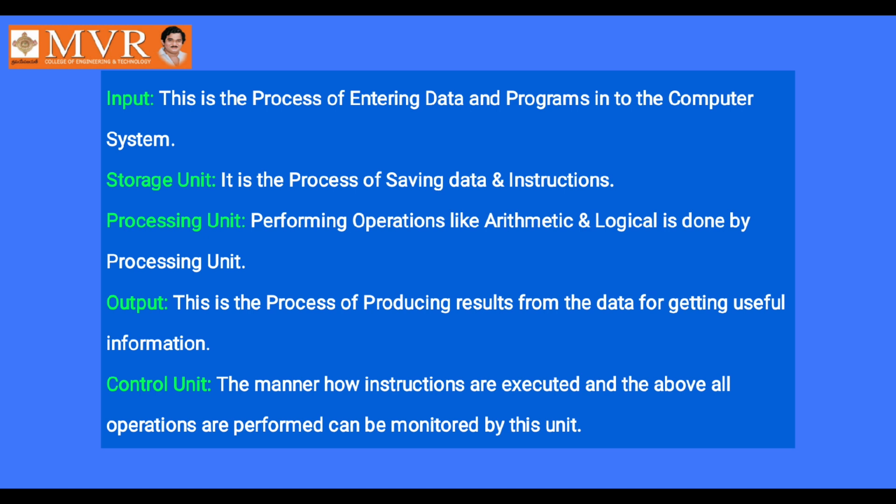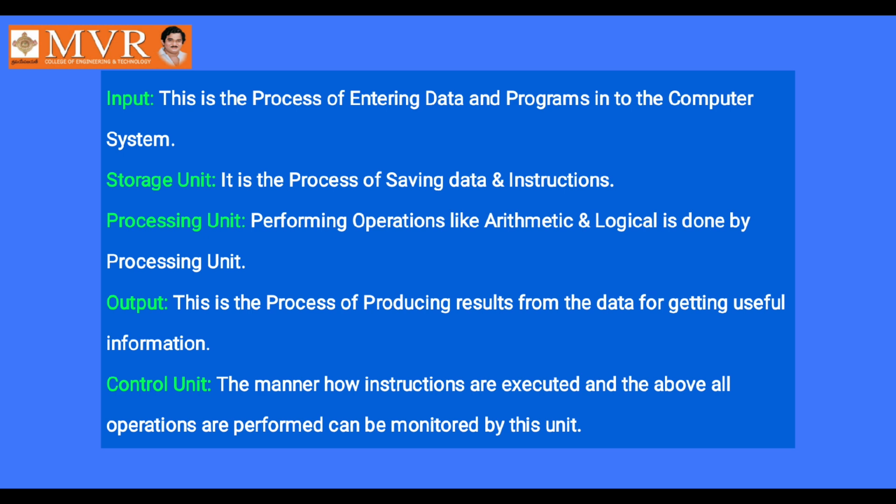The next one is the storage unit. I told you in the beginning itself that after taking the data from the user with the help of the input unit, it should be stored. What is the activity of the storage unit? The activity of the storage unit is saving the data and instructions given by the user.